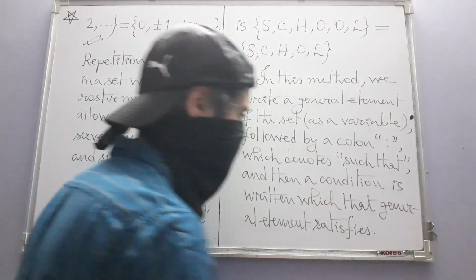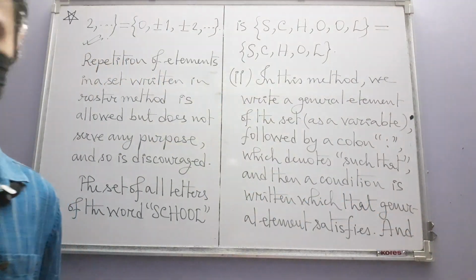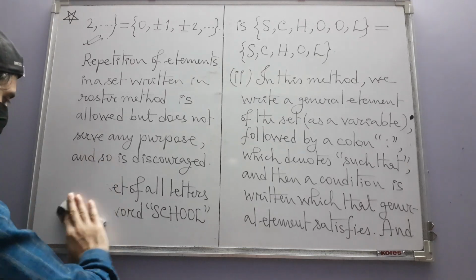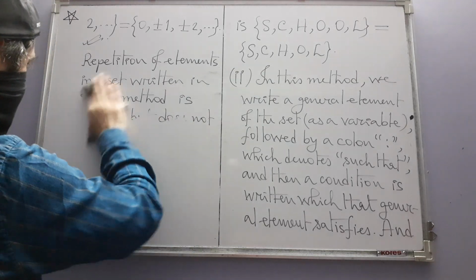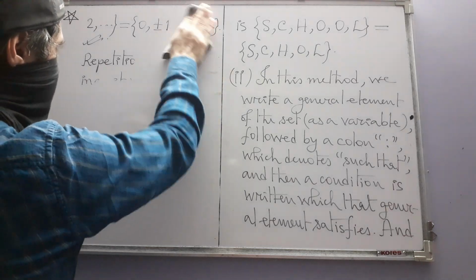And the collection, like the roster method, is enclosed within curly brackets. That curly bracket part is constant. It's there in both the methods.